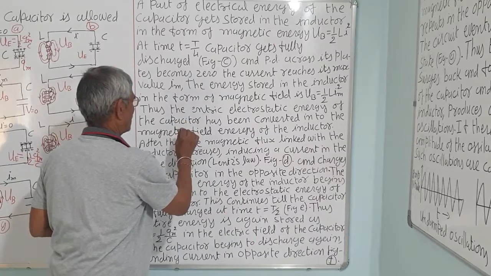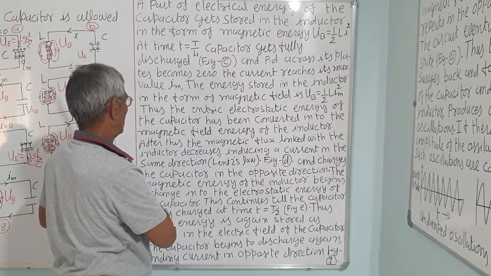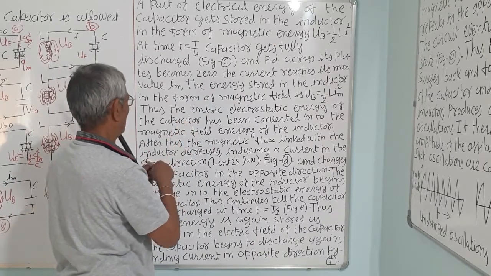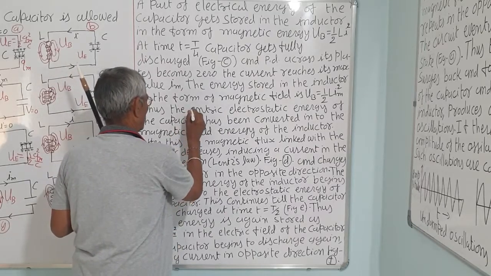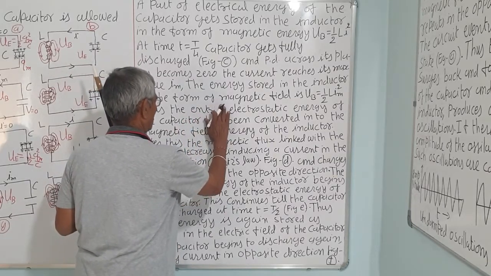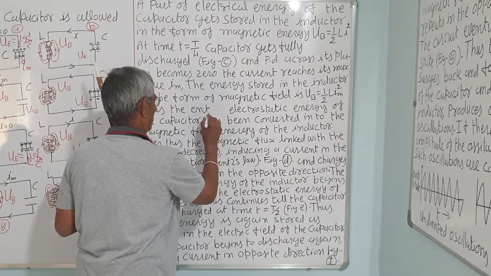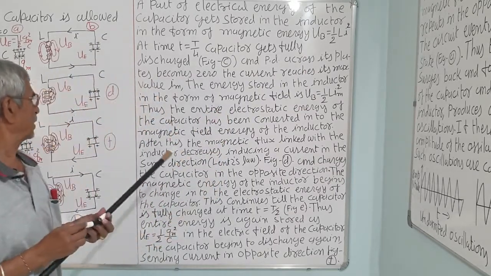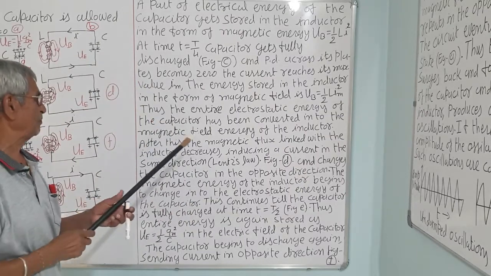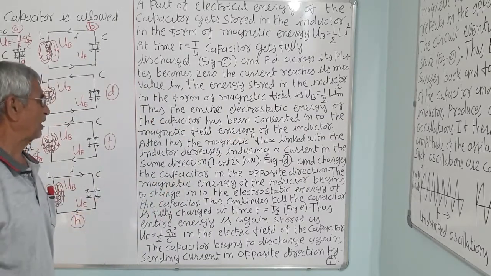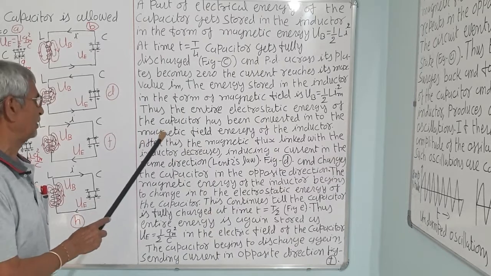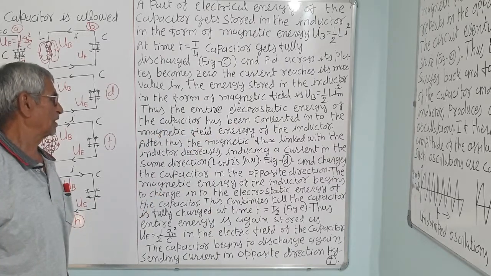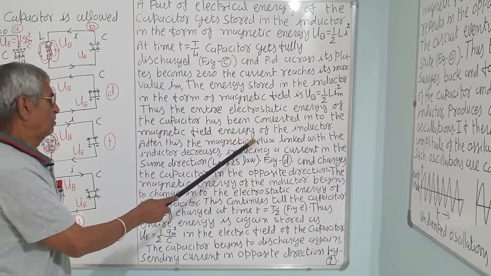Thus, the entire electrostatic energy of the capacitor has been converted into the magnetic field energy, that is, the magnetic field energy increases when the electric energy decreases.